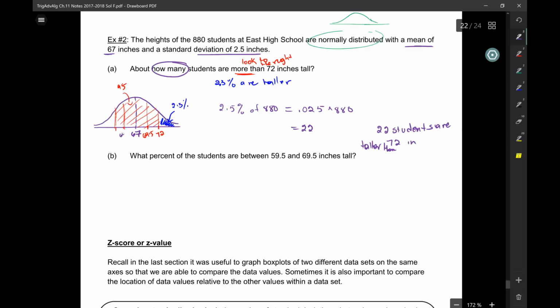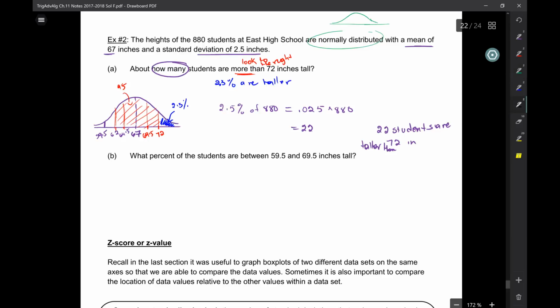So that's 64.5. And if I go lower, it'll be 62. And I have to go one more to 59.5. Right? Okay. What percent is between, I need another color now.